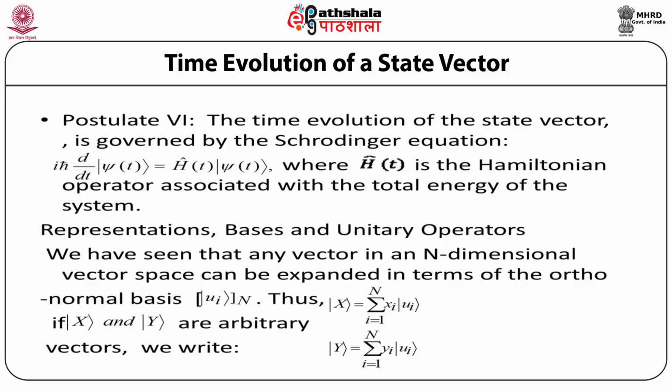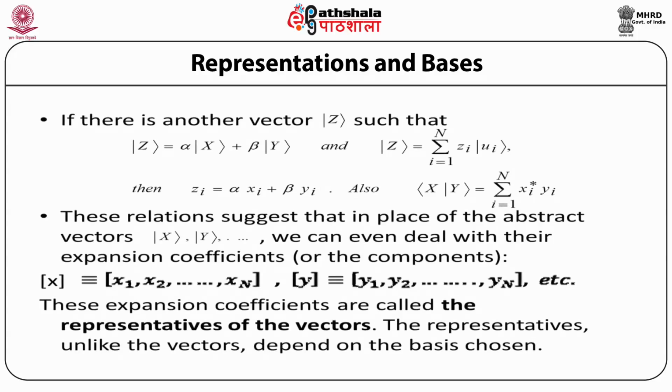Representations and bases. Now, suppose we have another vector, ket vector z, such that it can be expressed as a linear combination of the ket vectors x and y, given by the equation ket vector z is equal to alpha times ket vector x plus beta times ket vector y, where alpha and beta are coefficients which may be complex.